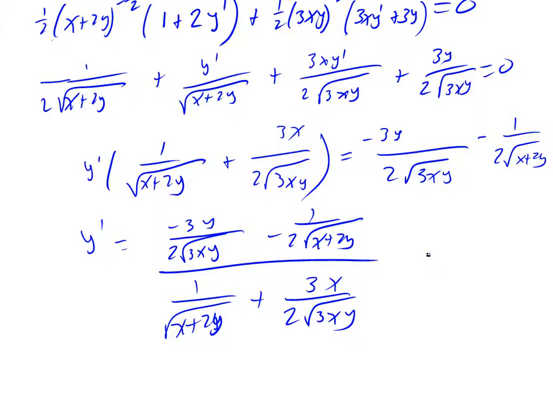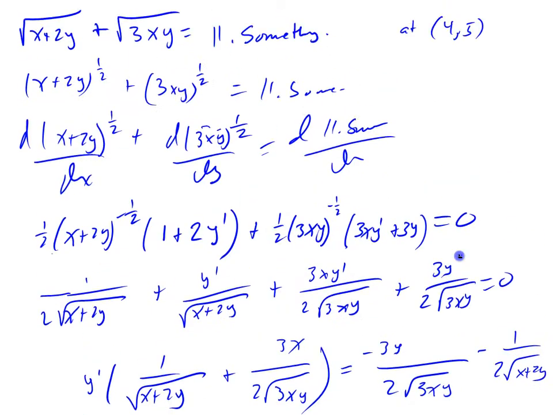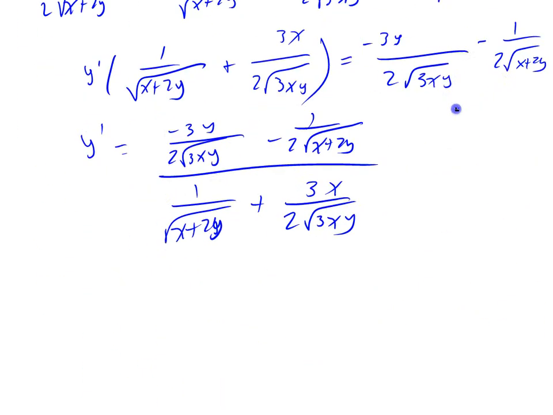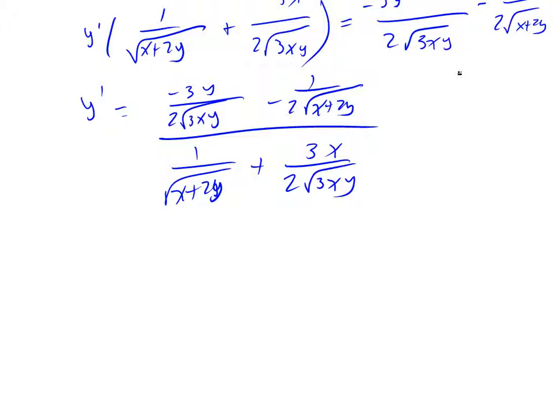So let me go back. What point was that? I wanted 4, 5. So at this point, rather than simplifying it with letters, let's just plug the 4 and 5 in. So this is at 4 comma 5. This thing's equal to, negative 3 times 5 is negative 15 over 2 times the square root of 3 times 4 times 5. 4 times 5 is 20, times 3 is 60.